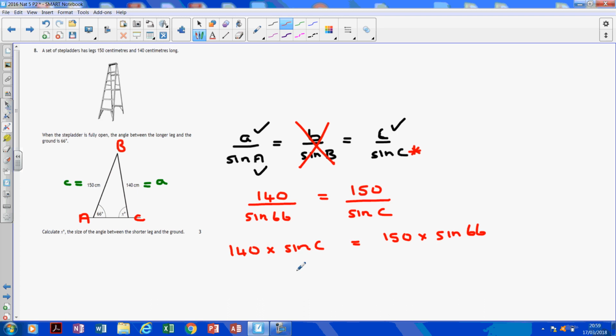So in effect, we're really undoing this step here. I want to leave the sine C here. So leave that there, and I've got 140 multiplied by sine C, so the opposite of multiplying is dividing. So sine C is equal to 150 multiplied by sine 66, all divided by 140.